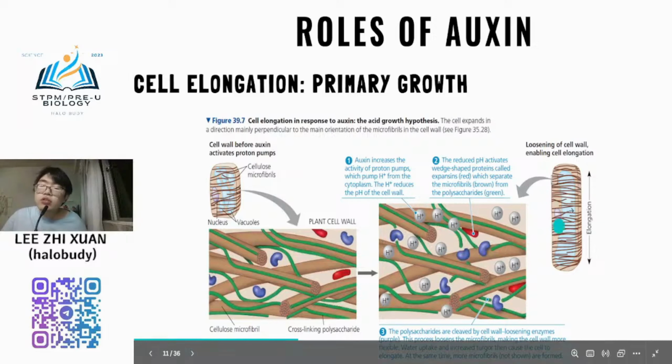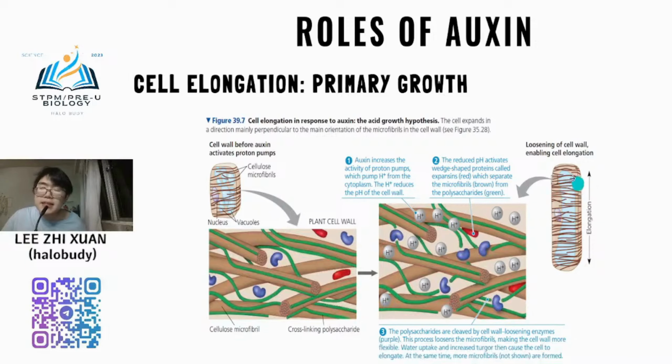If you want to increase the size of the plant cell, you need to make sure that the cell wall is flexible. If not, if your cell wall is too hard, as you elongate, the cell will burst.